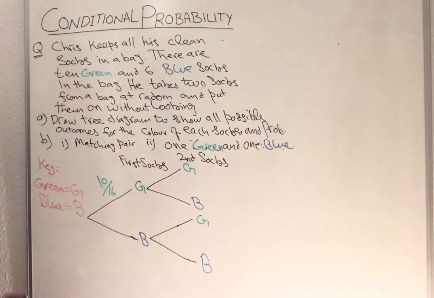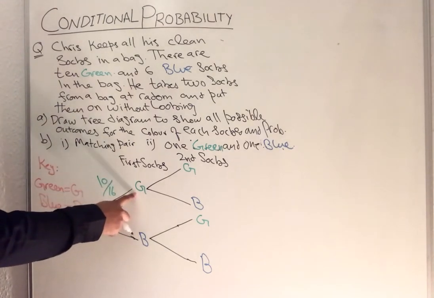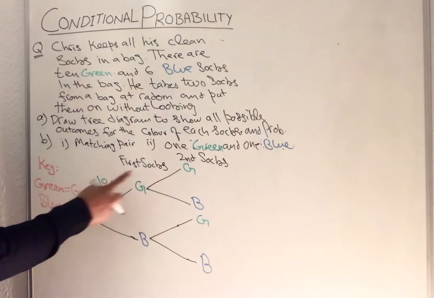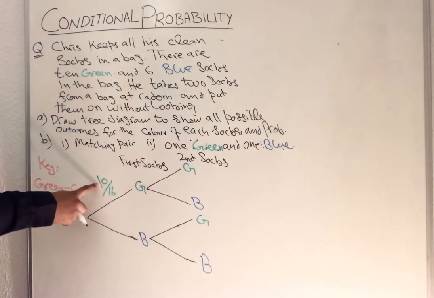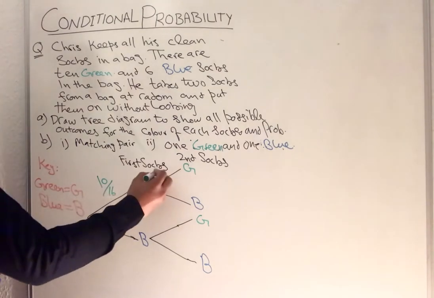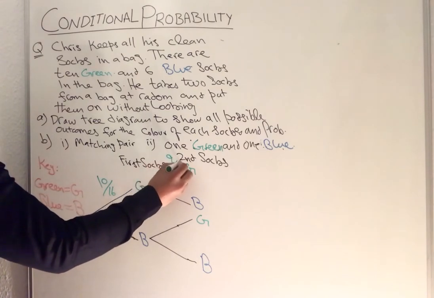This is our first. And when you select one sock that is green, what is the second probability? 1 is taken, so how many left in total? 15. So the second one will be 9 out of 15.